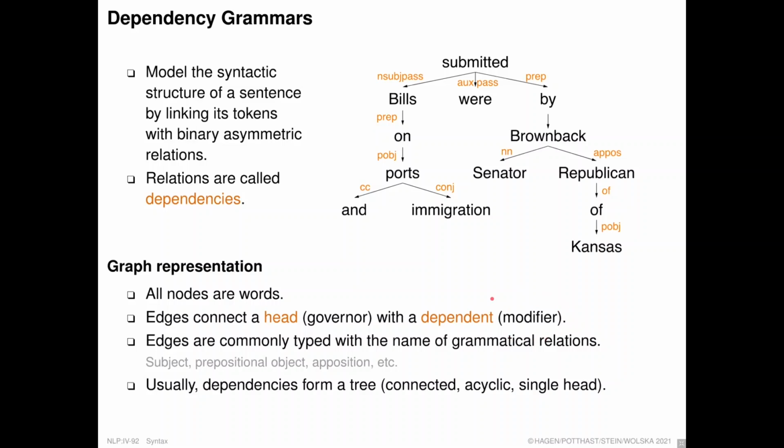In general, all these subordinate nodes are called dependents. And yeah, you have the relations labeled on the edges. And usually these dependencies form a tree in case of well-formed sentences, of course. And this is a connected acyclic tree, and it has a single head.